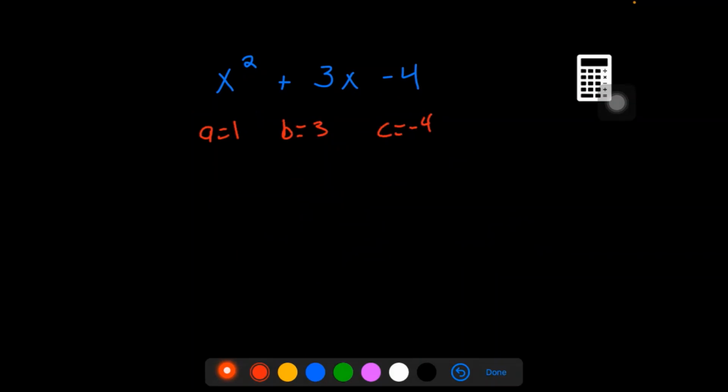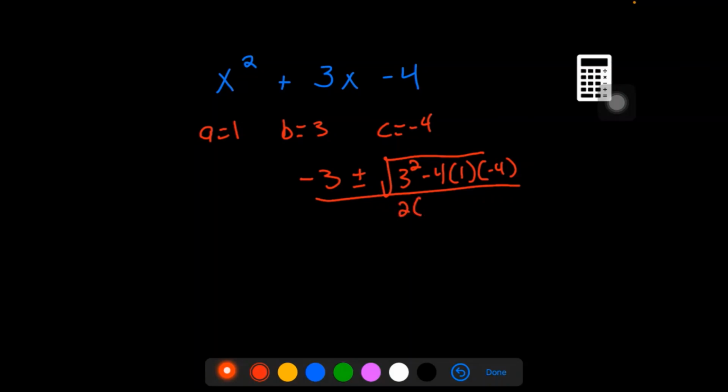We have a, b, and c, and now we're going to plug them in. So negative b, negative 3, plus or minus the square root of b squared, 3 squared, minus 4 times a, which is 1, times c, which is negative 4, all over 2 times a, which is 1.